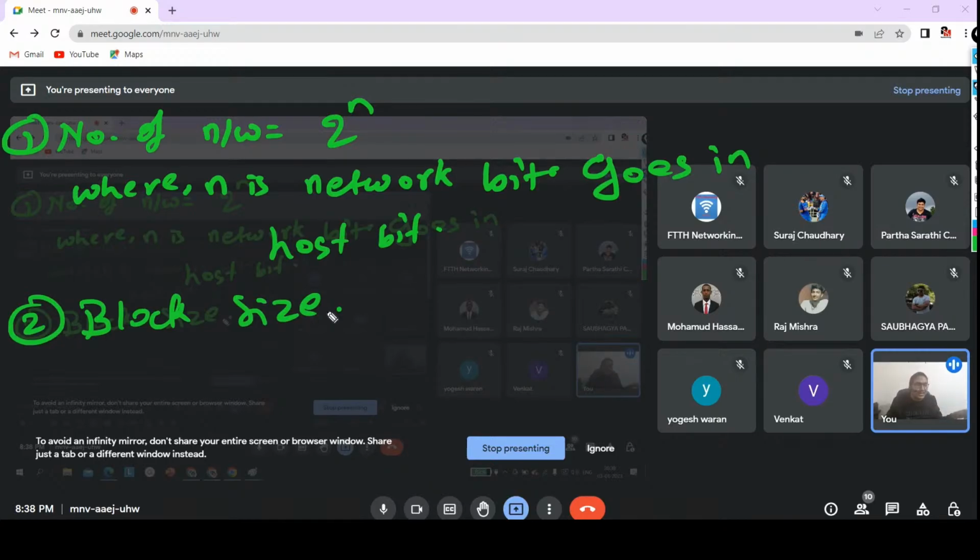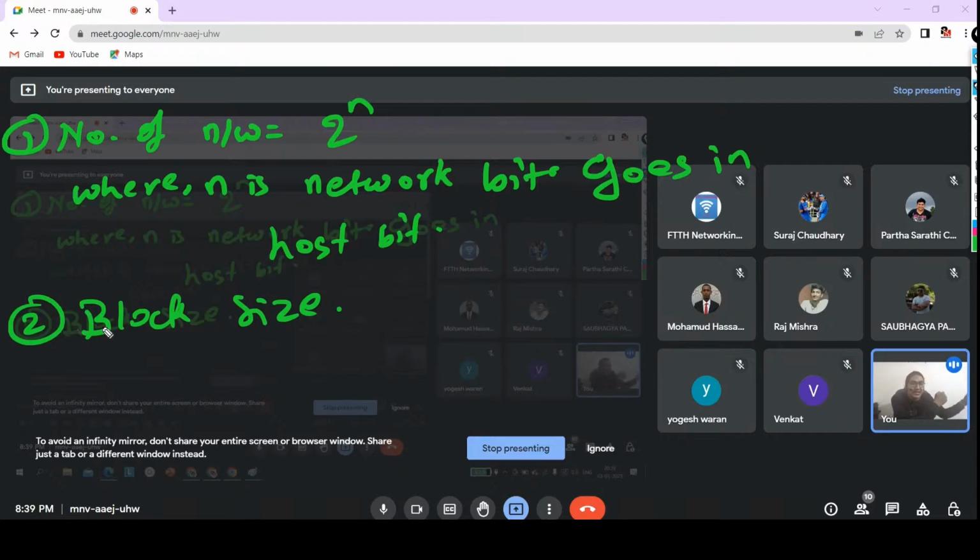So block size is a tool, a marker which will tell you from where your next network is starting. If you have divided a network into four parts, block size will tell you from where your next network starts.